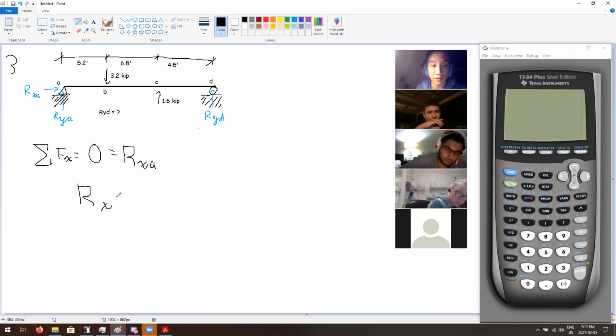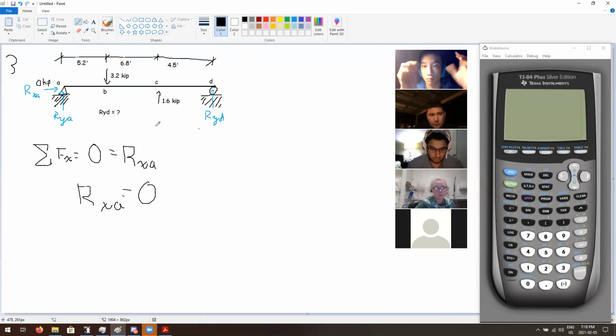R sub x A is equal to 0 kip. That's because there are no kips being applied in that direction. We're assuming that this body is in equilibrium right now, so we assume that all the x forces equal 0.